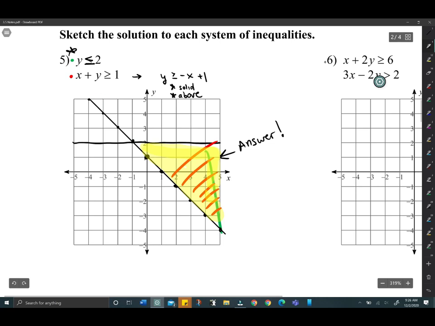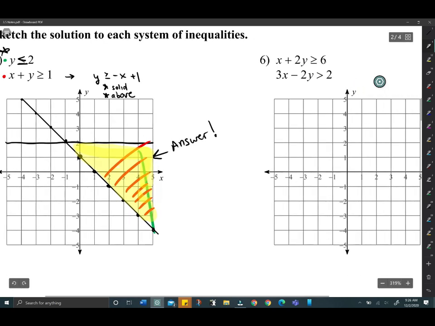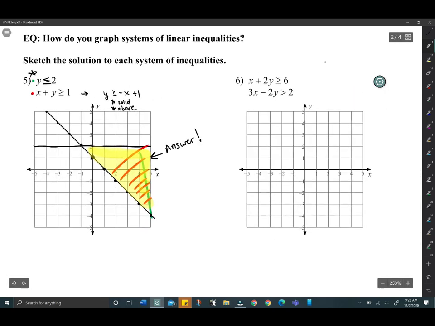Number 6, so let's look at another one. If you want to pause and write this out into slope-intercept form, that's fine. I'm just going to go ahead and do it. So 2y is greater than or equal to -x plus 6. That means y is greater than or equal to -1/2 x plus 3.